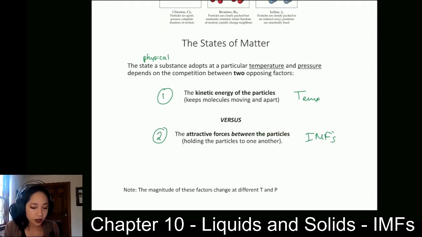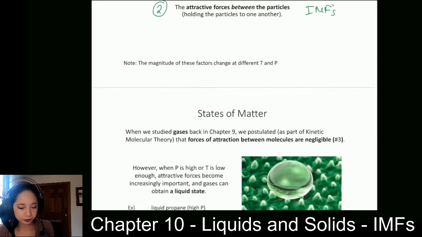We'll work through these concepts with temperature and intermolecular forces as we go on in this chapter. Just note the importance of the kinetic energy versus intermolecular forces changes at different temperatures and pressures, and we'll see that in phase diagrams.